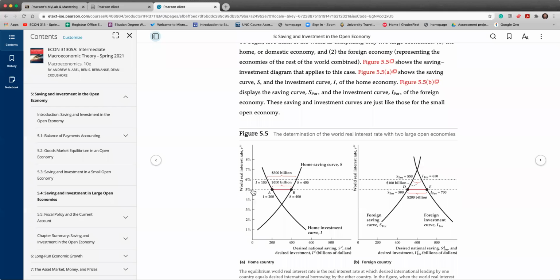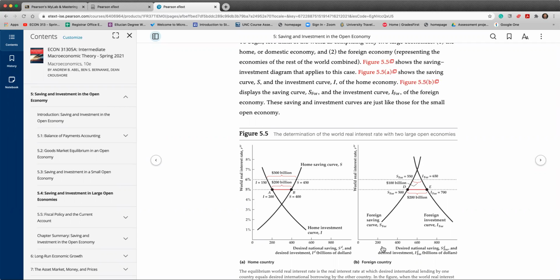So here's two countries. Here's the home country. Here is a foreign country, right? Home and foreign.